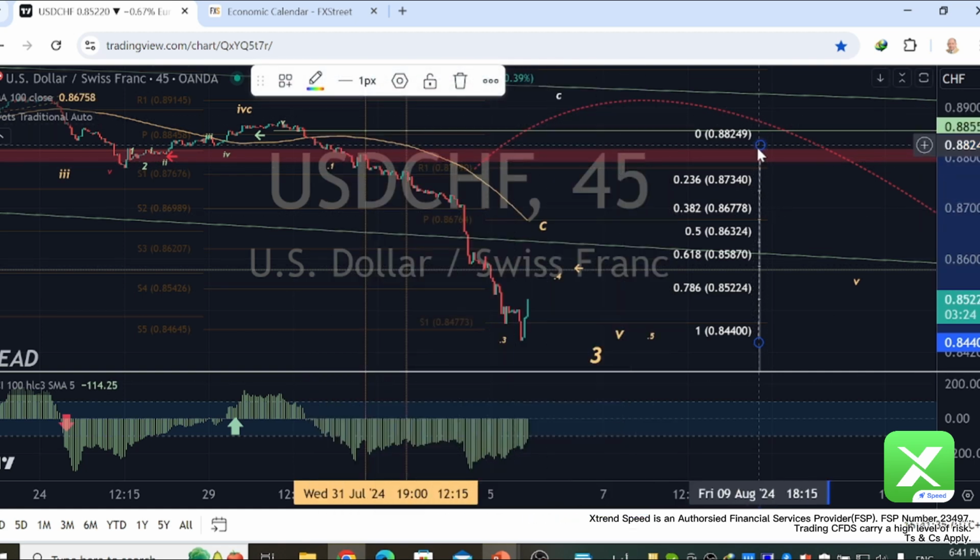I am using fib retracement projections from the top of 2 at this point. There's a 1 and a 2, of course, and a 3. From the top of 2 all the way down to the bottom of 3, and that force should be 61.8, for instance.